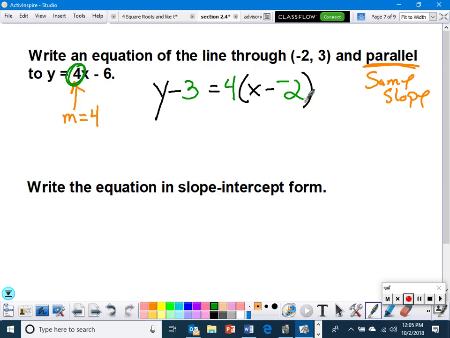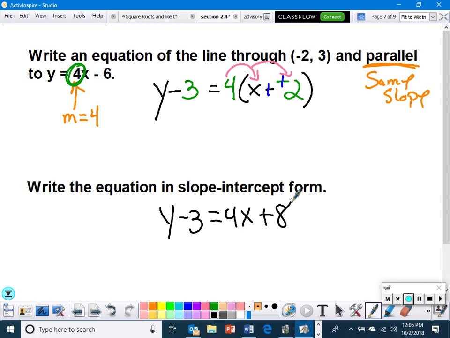Now, something you need to notice is there's a minus, a negative. Don't forget to change that to a plus positive. Okay, I'm going to write the equation in slope-intercept form. So again, I'm going to follow my steps. I'm going to do the distributive property. One step left, and I've got it in slope-intercept form.